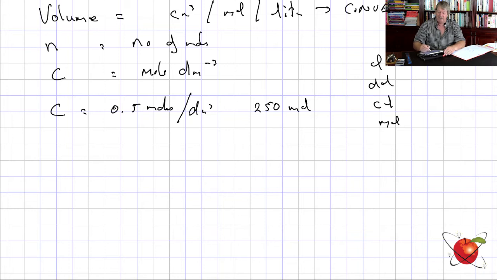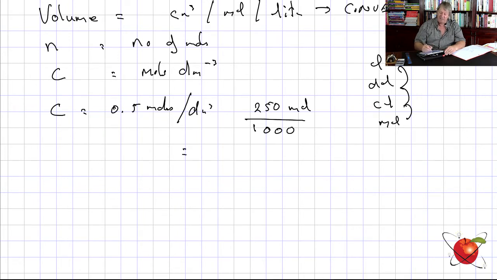Milliliters, we're going up, therefore we must divide, right? And we're going up to liters. Remember, this is where you're going to convert to cubic decimeters, isn't it? That level. So we've got to first of all get it to liters. So we're going to divide by 1, 2, 3 steps, which is 1,000.